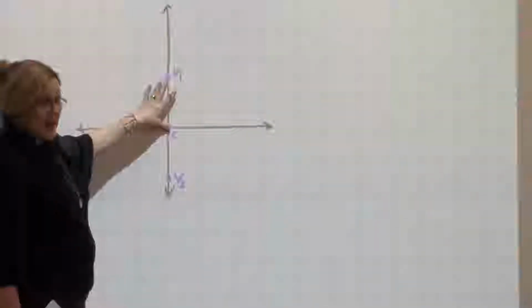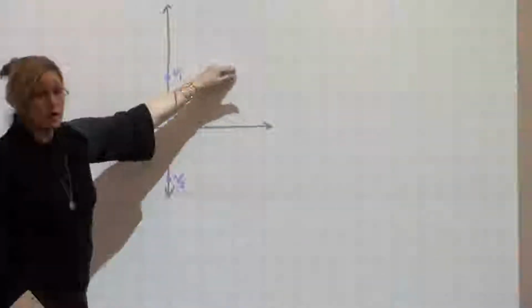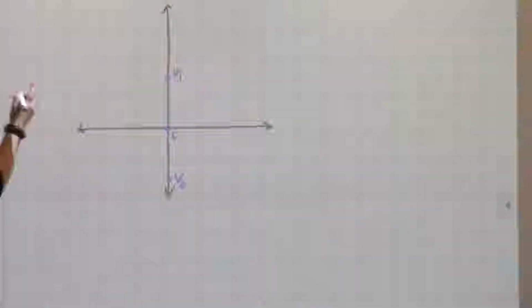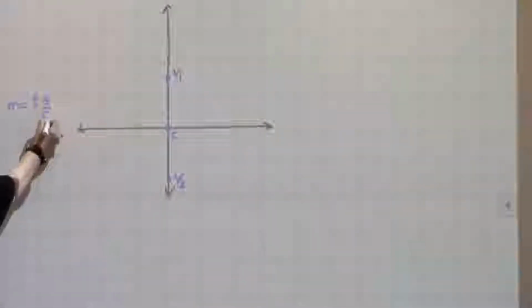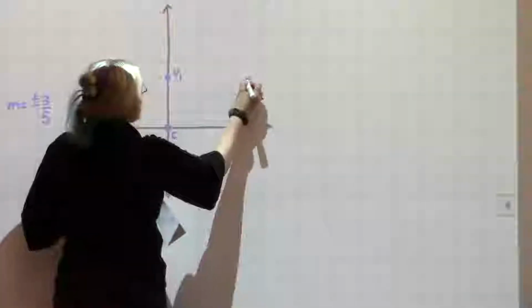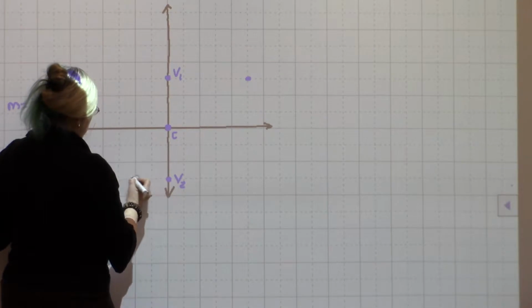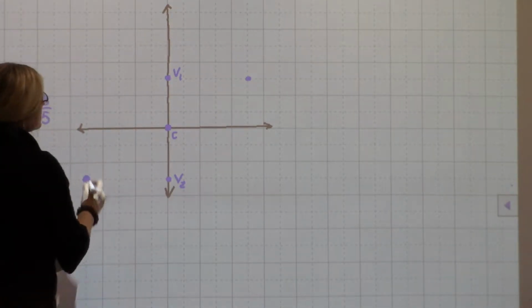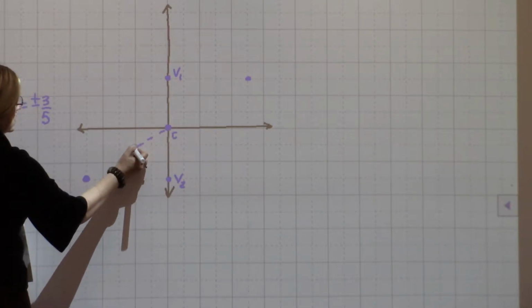So A is your rise this time, correct? So your slope is going to be plus or minus 3 over 5. So we're going to go up 3 and over 5 this way. And from here, we are going to go down 3 and back 5. So there is my first asymptote being laid in.